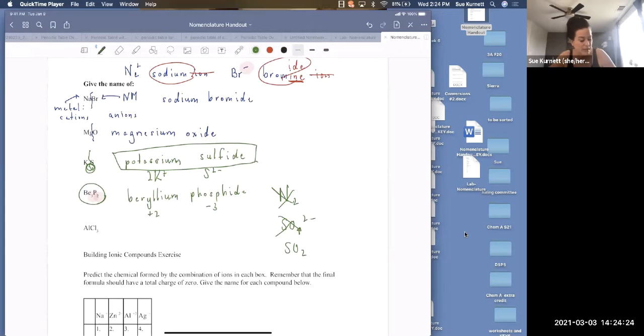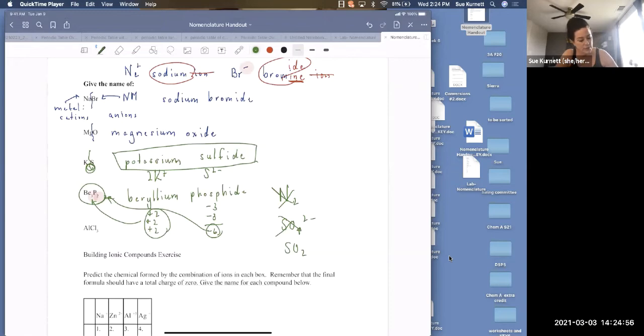And so they understand that we're going to need 3 berylliums and 2 phosphorus, phosphides, to make this compound. So this is just beryllium phosphide.